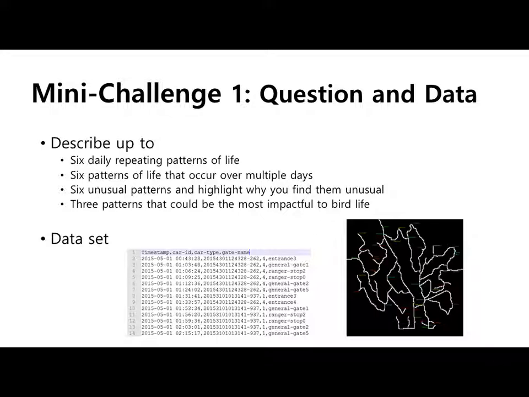They provide us some data sets: map images and trajectory data. The trajectory data contains timestamp, car ID, car type, and gate name. And the image is like this.